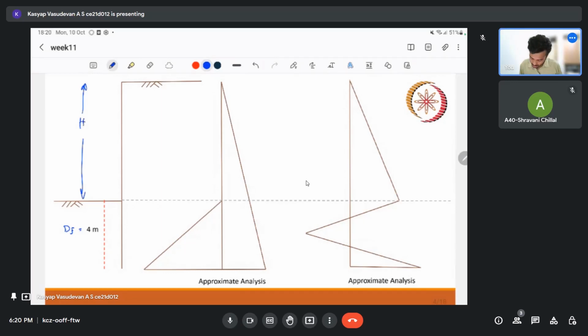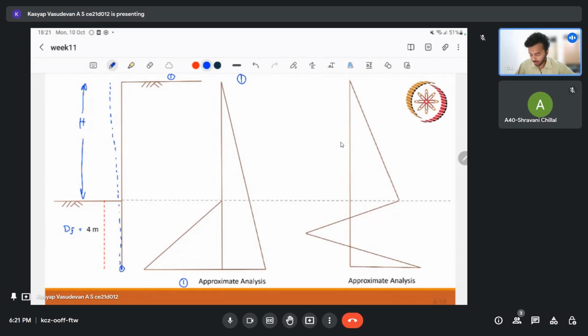In this method, we are assuming that our sheet pile is deforming in an angular way about our base. So in the first approximate method, we are assuming that the sheet pile wall is getting deformed about the base. So the pivot is at the base.